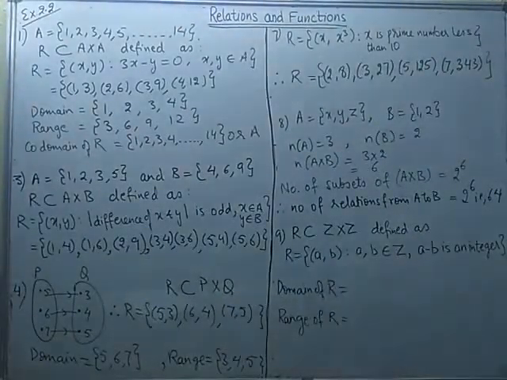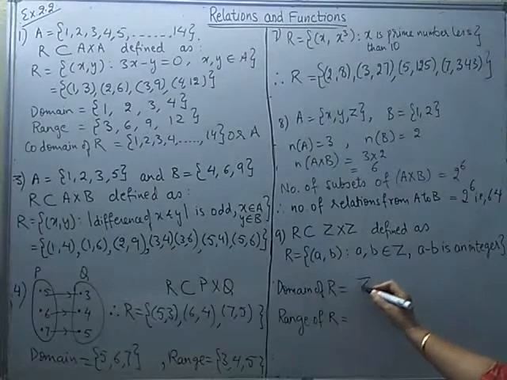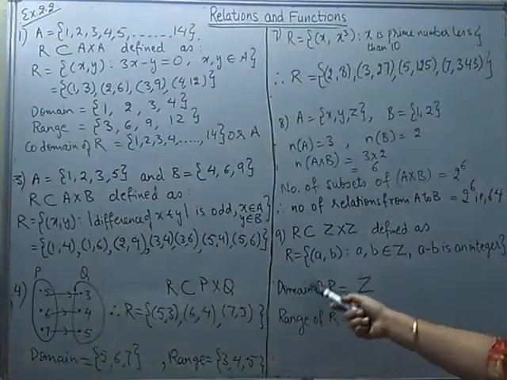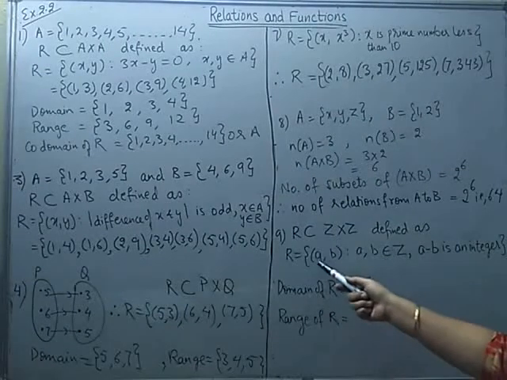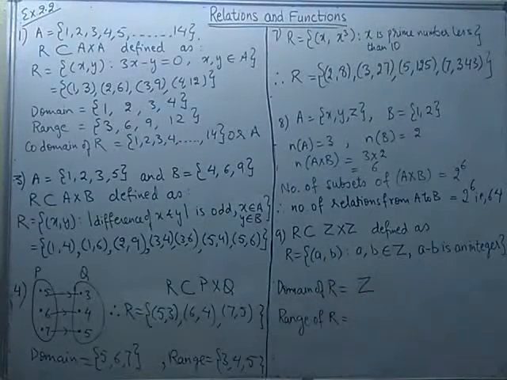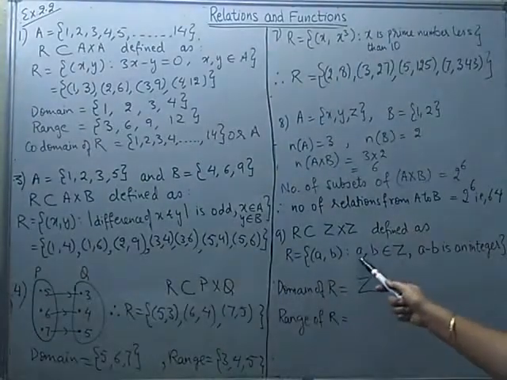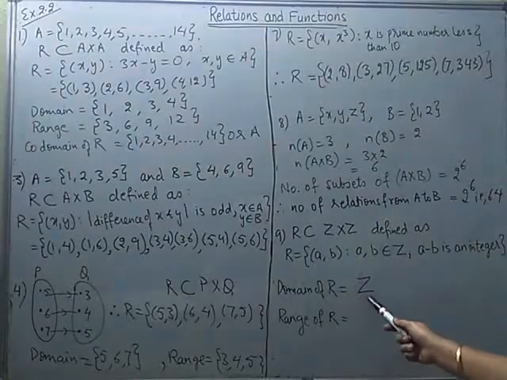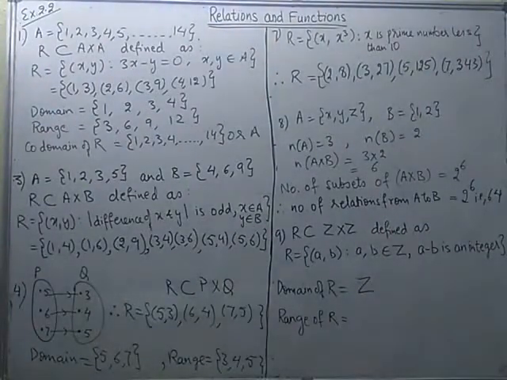The nature of a, that means nature of elements, first elements of the ordered pairs, that will be integers. Okay, because as we have defined domain, it will be set of all first elements of the ordered pair. So a is denoting the first element of the ordered pairs. And what is the nature of a? a is denoting an integer. So the domain of R will be set of integers.